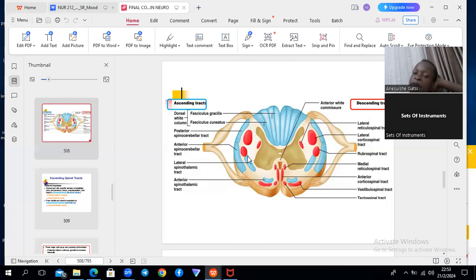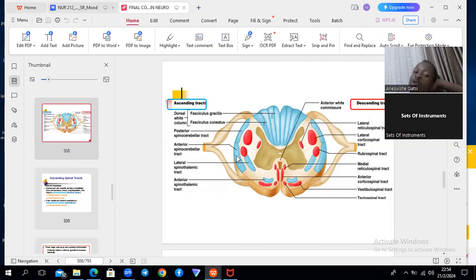Then we talked about the spinocerebellar tracts. These carry unconscious proprioception to the cerebellum. They're unique in that they carry this to the cerebellum on the same side of the body where they came from. So these fibers are uncrossed. But I went further to tell you that the posterior spinocerebellar tract is purely uncrossed.